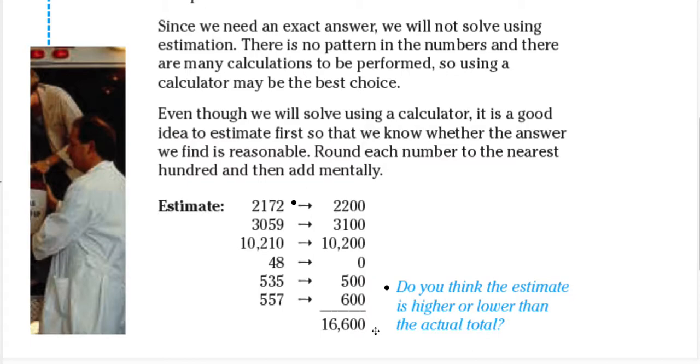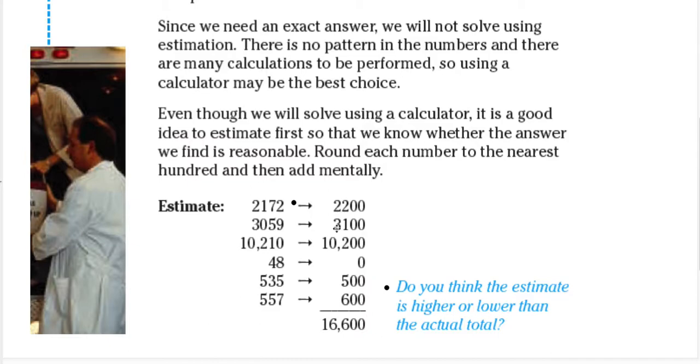I would think that the actual answer would be higher than the estimate, simply because the numbers that were rounded up were bigger. 2,172 was rounded to 2,200, and this was rounded to 3,100.